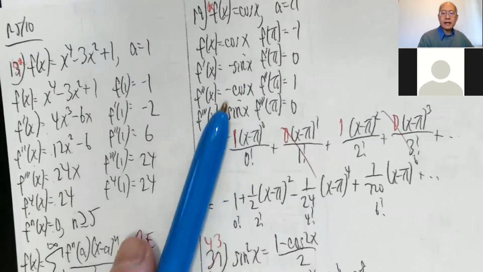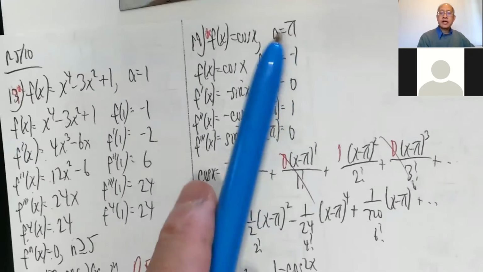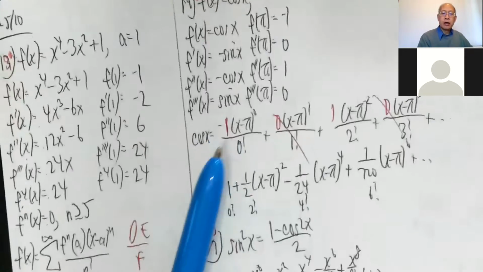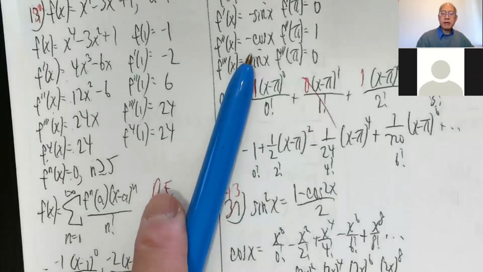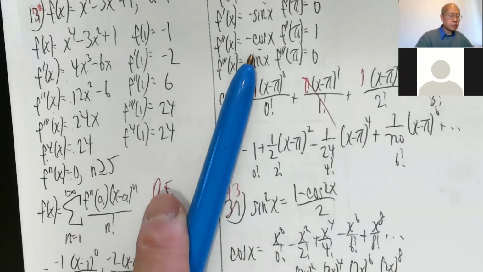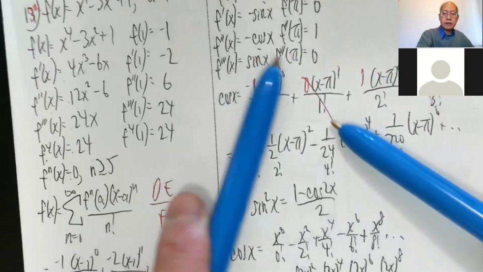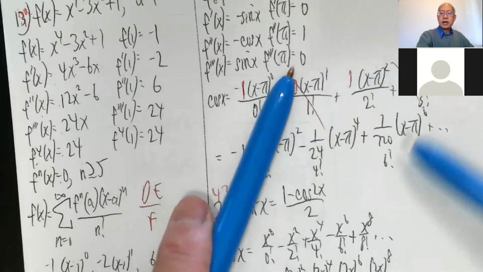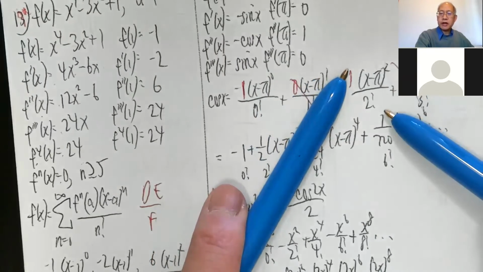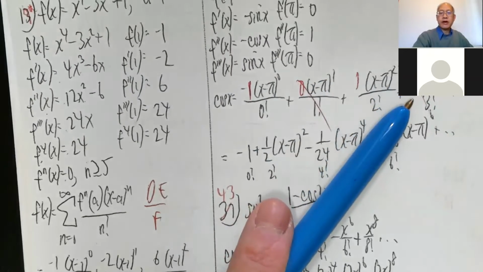Okay, from the get-go, once they tell me we're centered at pi, automatically the denominators and powers are determined. It's going to be x minus pi to the 0 over 0 factorial. Yes, that's 1. Yes, that's 1. X minus pi to the 1 over 1 factorial. Yes, that's 1. X minus pi squared over 2 factorial. X minus pi cubed over 3 factorial.